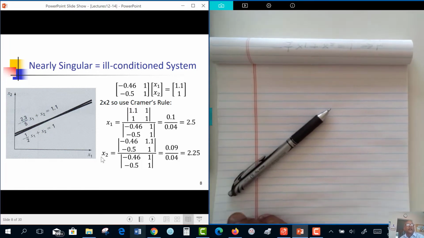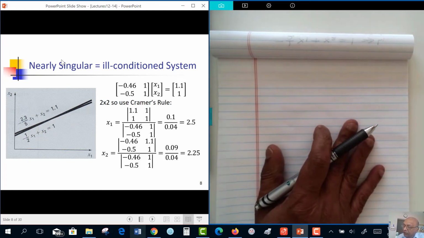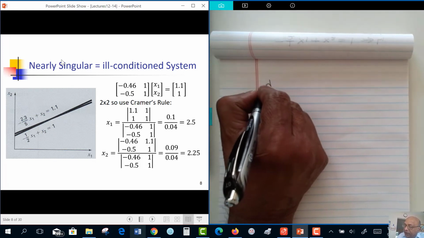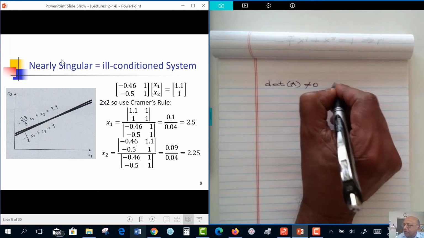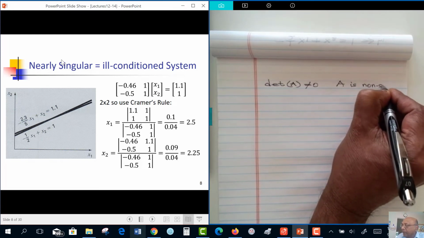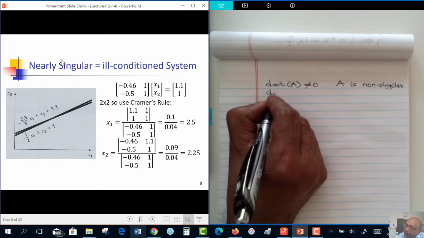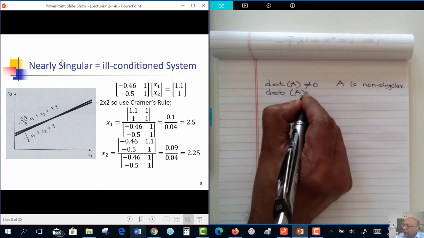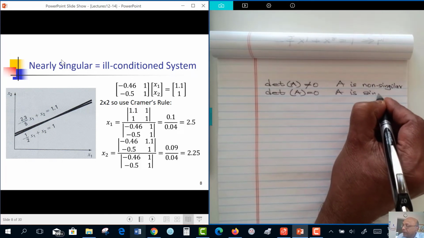I've used a word here, singular. So what does singular mean? If determinant of A is not 0, we say A is not singular. If determinant of A is 0, we say A is singular.